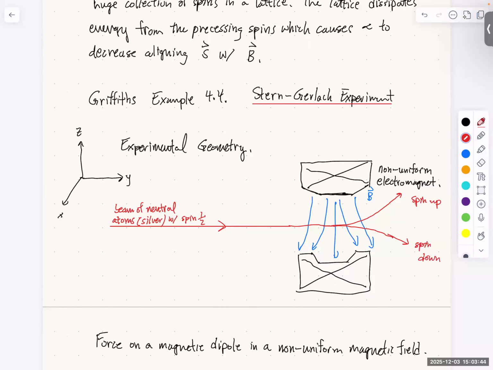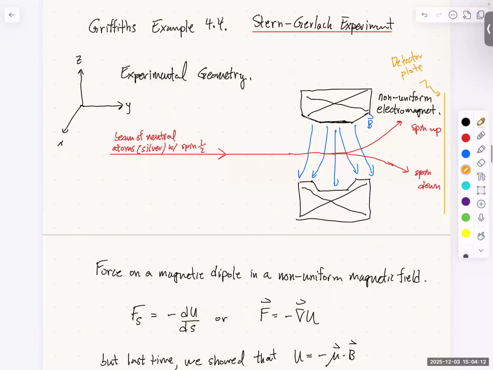If you imagine that you have some kind of detector plate on this side, you can see where your particles hit it. So this is going to be a detector plate, and you could get plates that leave a little mark wherever a particle hits them. People did this experiment, and I'm going to find the original.